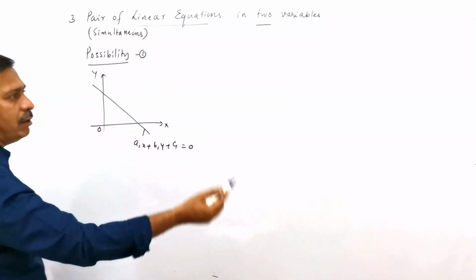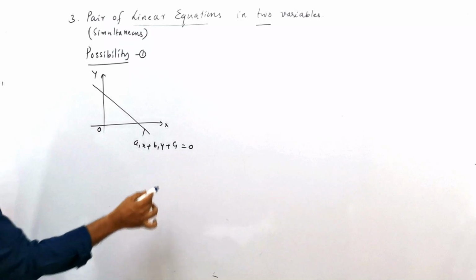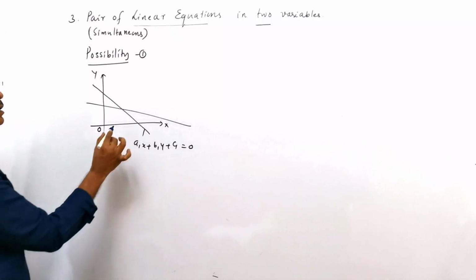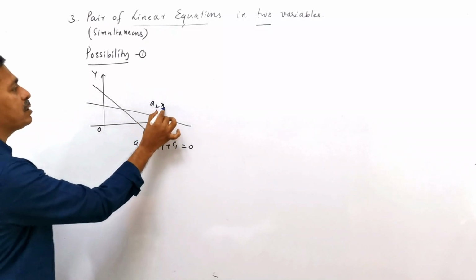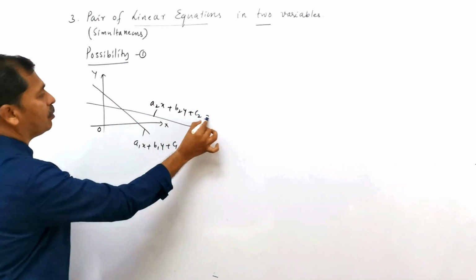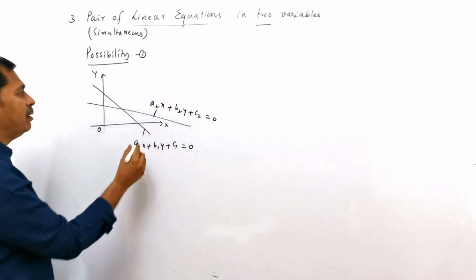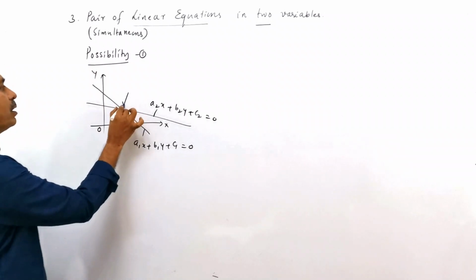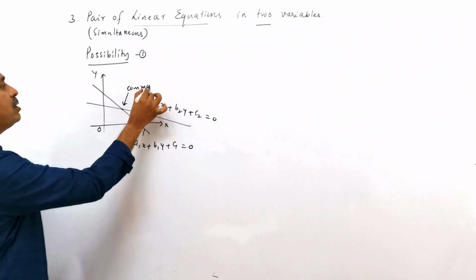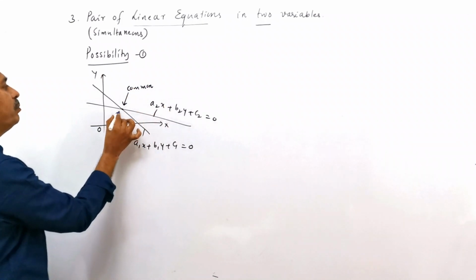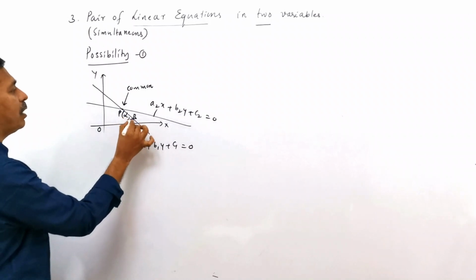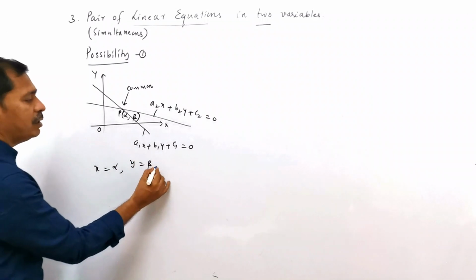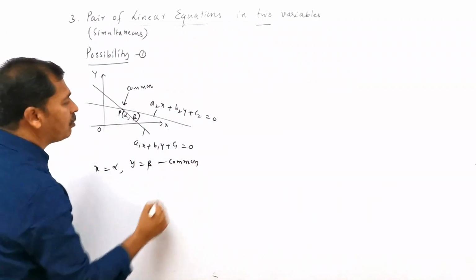See, another linear equation, if you plot here, may come in this manner. That is this one, which I would like to take as a2x plus b2y plus c2 is equal to 0. See what is happening: these two are intersecting at a common point. Say this point is P, which is alpha comma beta. So x is equal to alpha and y is equal to beta, which is common for both the equations.